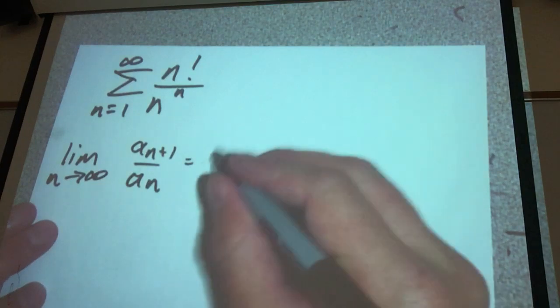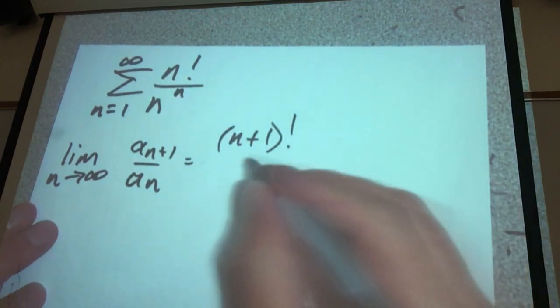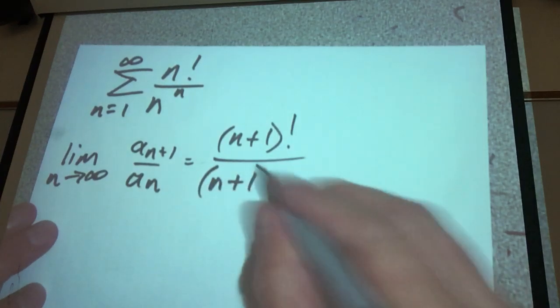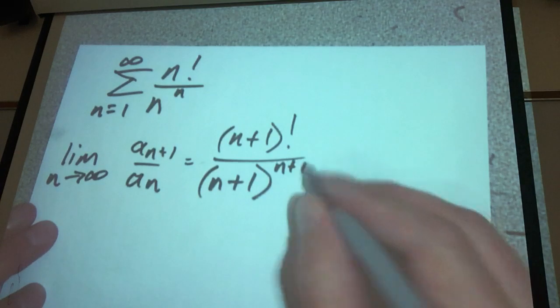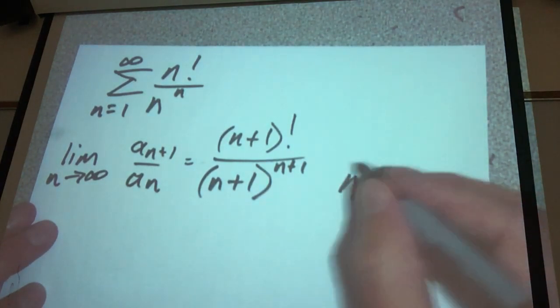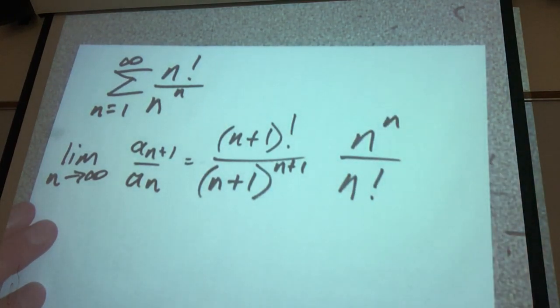Divided by a sub n, which would equal n plus 1 factorial divided by n plus 1 raised to the n plus 1, and this would be an n factorial and n to the n like that.